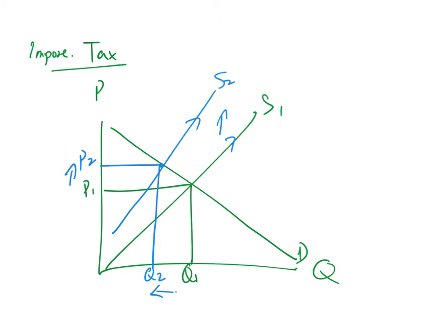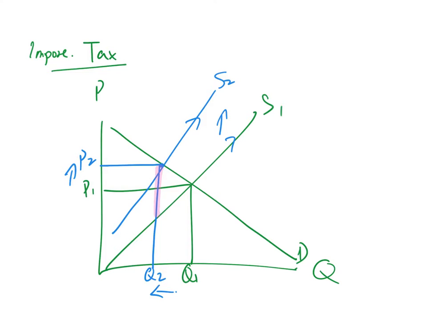We have to find out the tax burden, or the tax amount. So we need to go to Q2 and figure out the vertical distance between the new and old supply curve. This is the vertical part, let me highlight it.